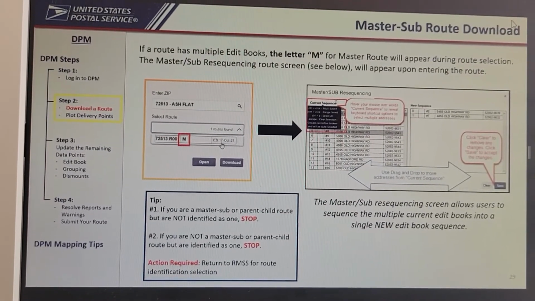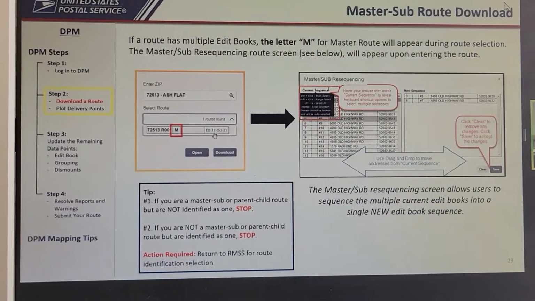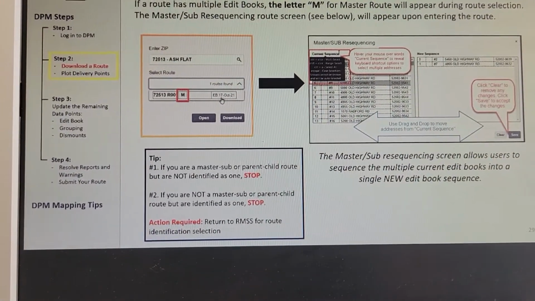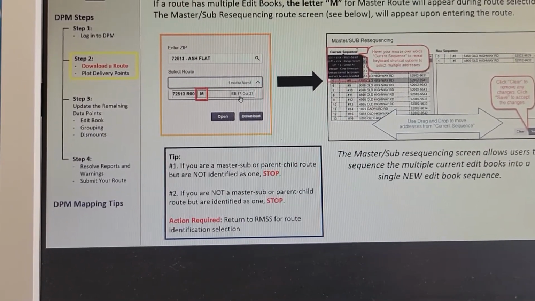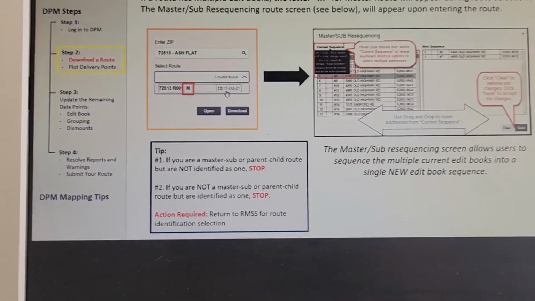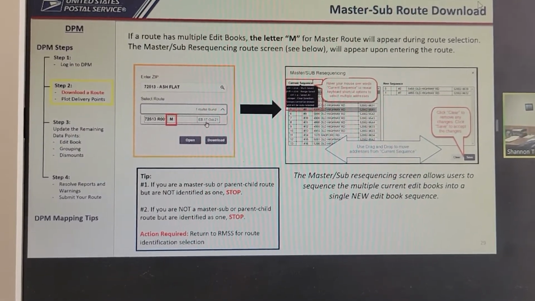And when you complete your download for the very first time, you're going to be taken to this master sub resequence screen, where you're going to have all your addresses for all the edit books. And remember, you're only going to need to go to your master route. So those sub routes won't be in here, and you don't need to try to map in DPM. We're going to put all those deliveries from all those edit books together for you.